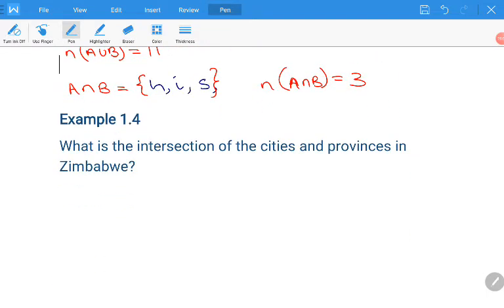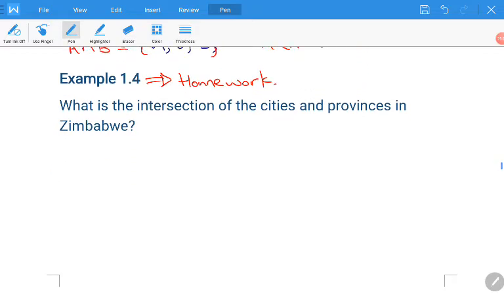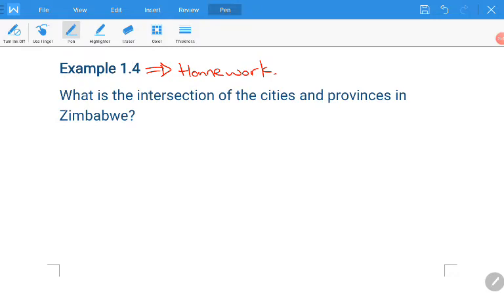I will leave example 4 as your homework. But let me do half of it. The provinces that we have in Zimbabwe.